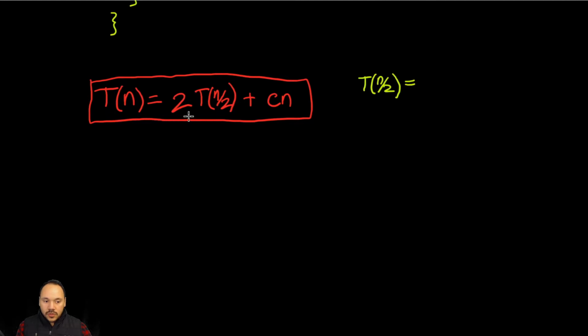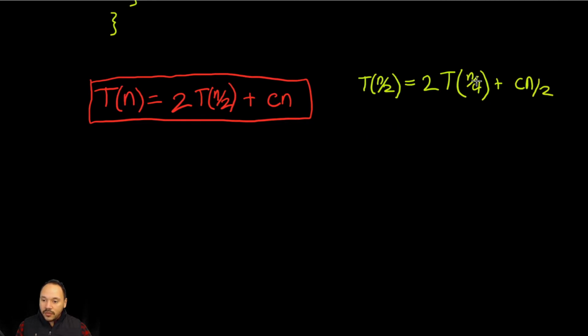This is our base formula, and wherever we have n, we're going to replace it by n divided by 2. So T(n/2) will be equal to 2T, and then since it's divided by 2 again, it will be n divided by 4, plus cn divided by 2.